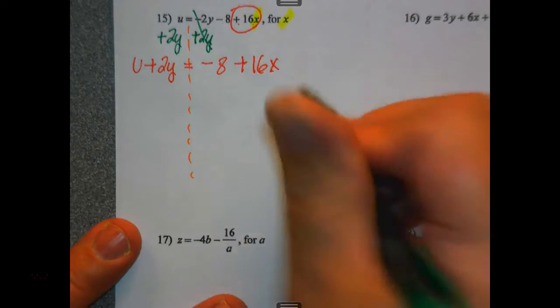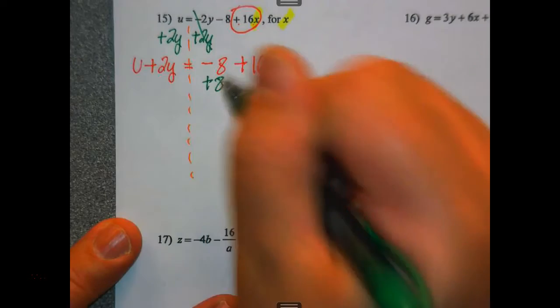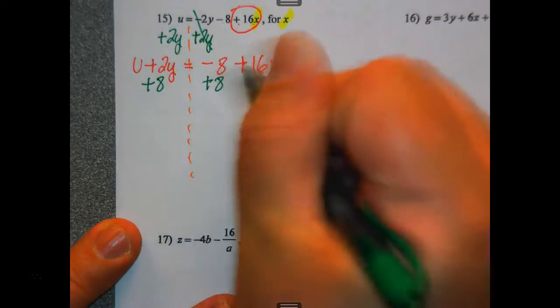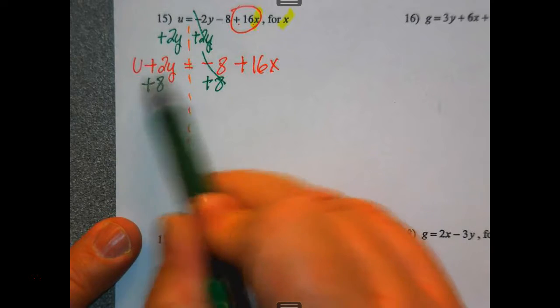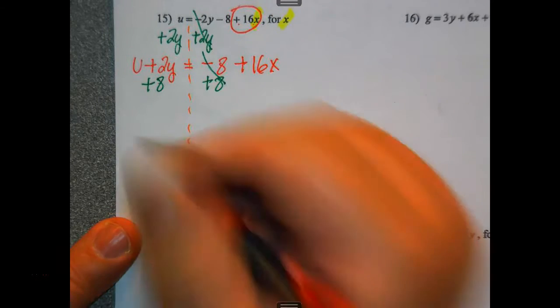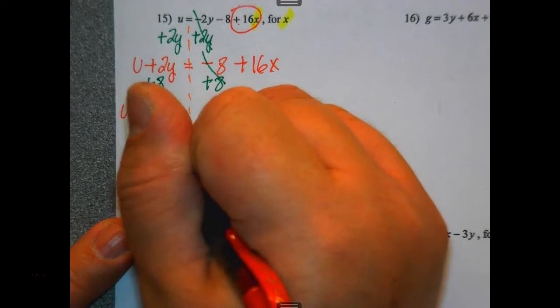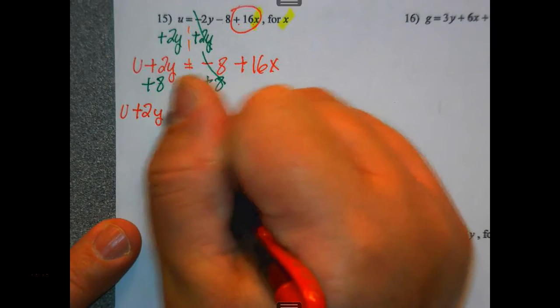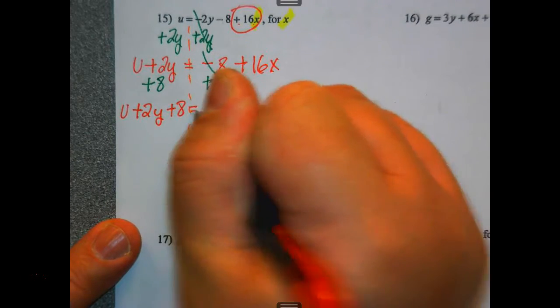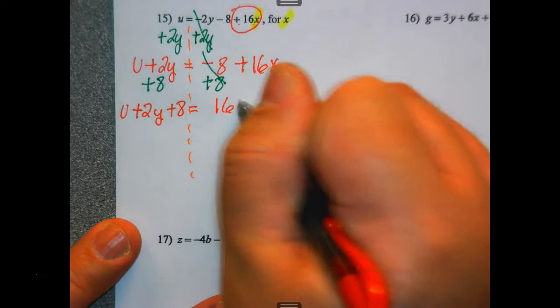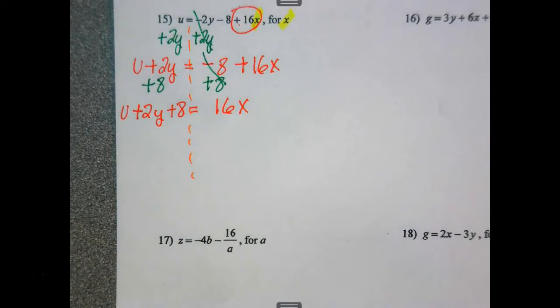Okay, get rid of the 8. Add 8 both sides. These are all unlike terms. Leave them separate. U plus 2y plus 8 equals positive 16x. Then get x by itself.